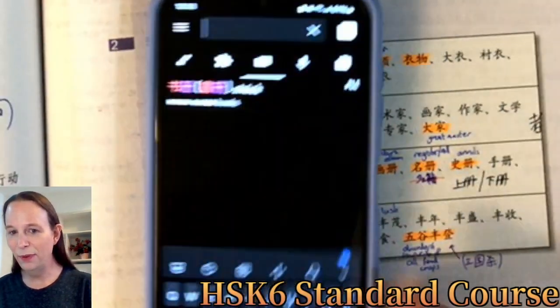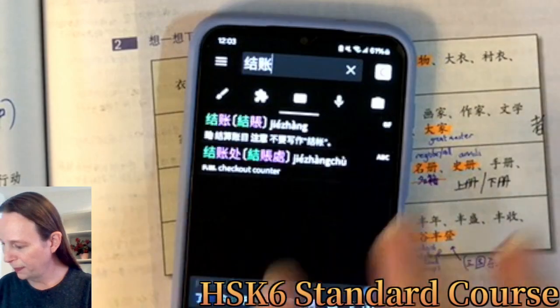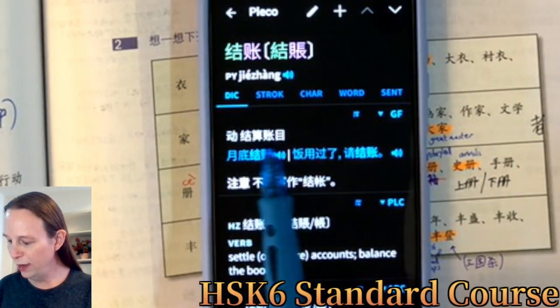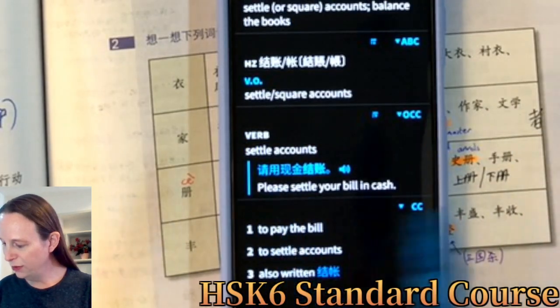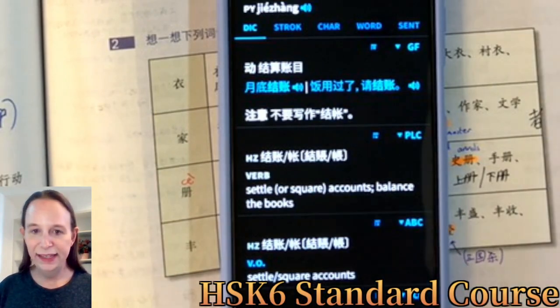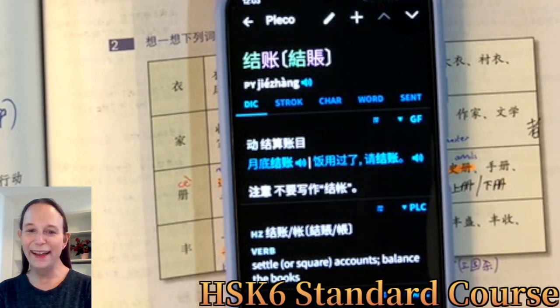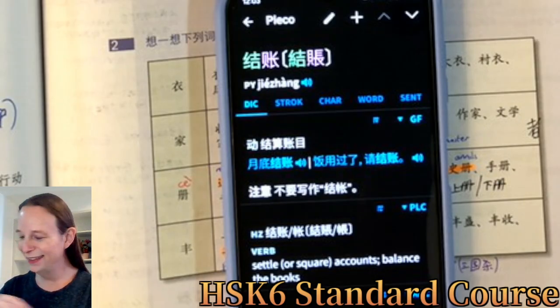In China, you're probably better off saying 我要结账. 结算账目. 请用现金结账, please settle your bill in cash. I think this is a better choice in China. Maybe there's no 买单 anymore anyway, because you pay through QR codes.